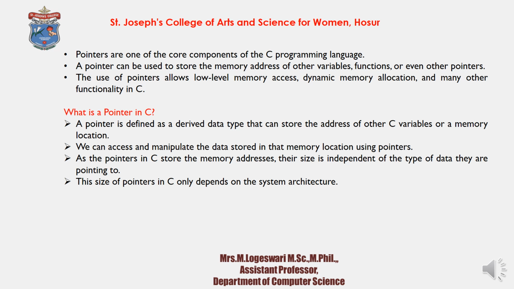It is a derived data type that can store the address of a C variable or memory location. We can access and manipulate data stored in the memory location using the pointer. As the pointer stores memory addresses, its size is independent of the type of data. The size of pointers in C depends only on the system architecture.